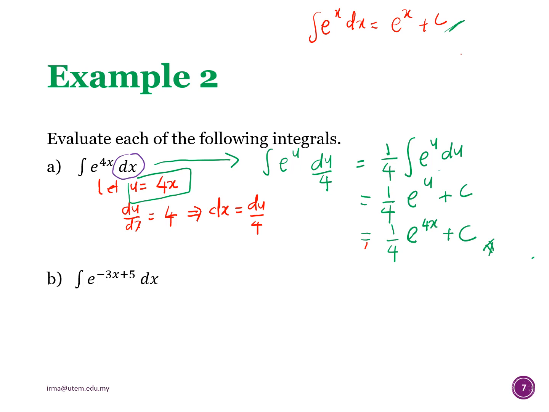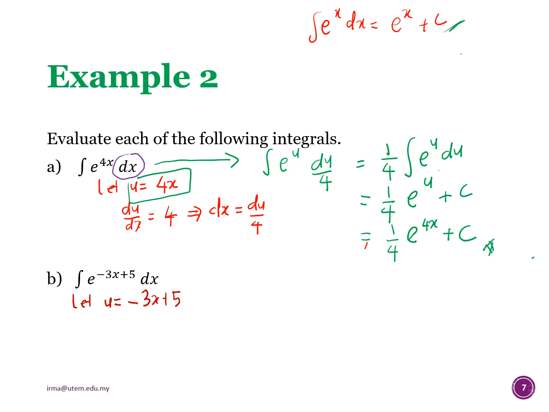Next, we proceed to example 2b. We have the integration of exponent negative 3x plus 5 dx. This kind of question you can also solve using the substitution method, where we let u equal to the power of the exponent, which is negative 3x plus 5.